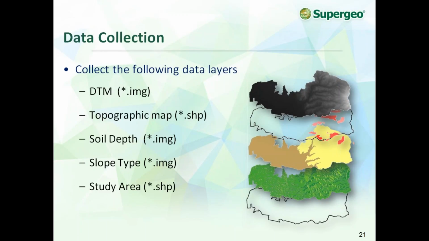Soil depth and slope type can represent the soil character. Of course, I just need to focus on today's study area. So I collected the shapefile, and in the data processing, we have to combine the different layers and convert those data to ordinal topography and geology maps. I will show you how to do that.